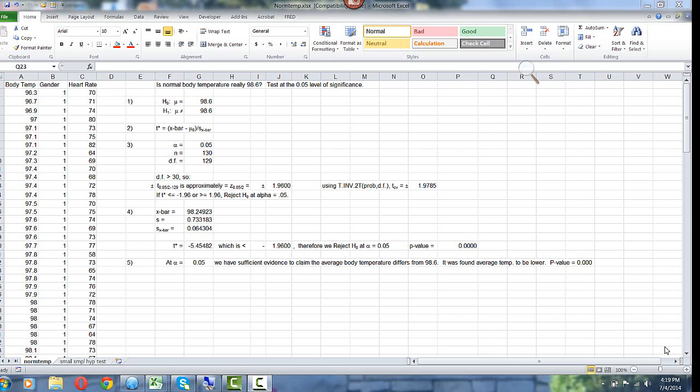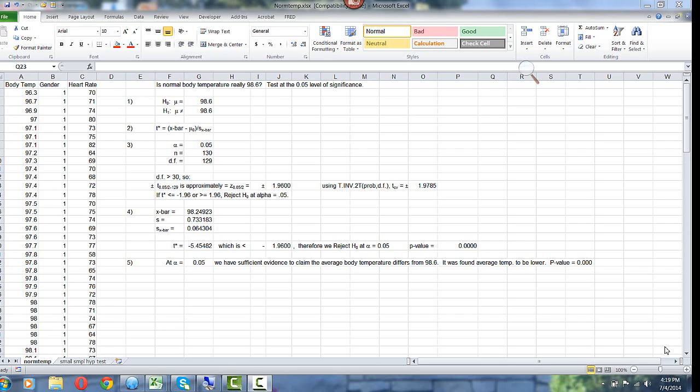Our test statistic is either a z or a t, and to use a z we need to know sigma. There's no indication that we know the population standard deviation, so we're going to have to use the sample standard deviation.